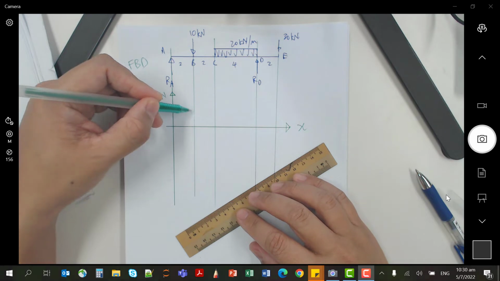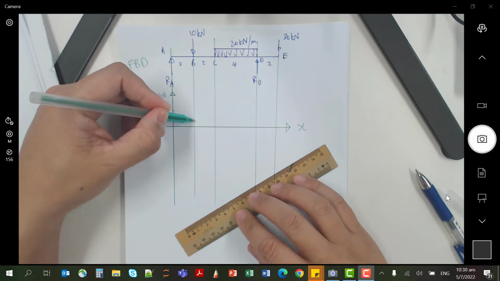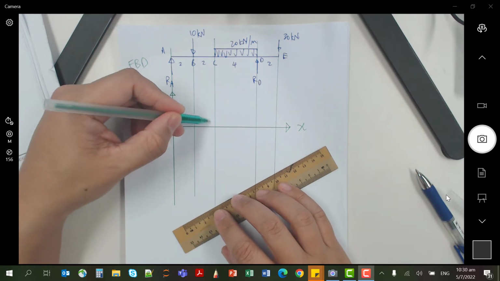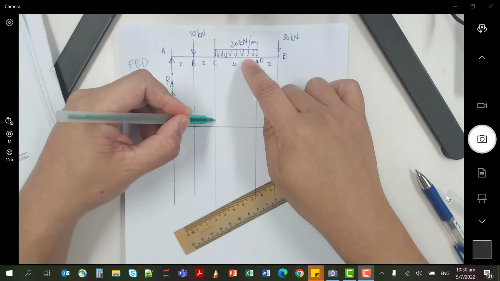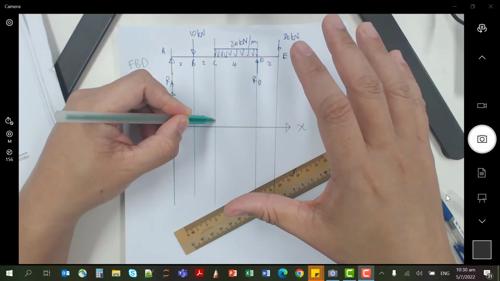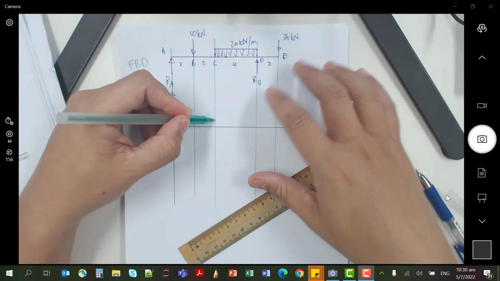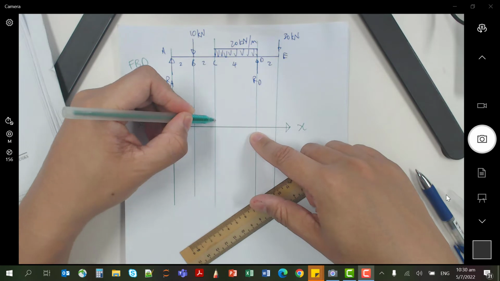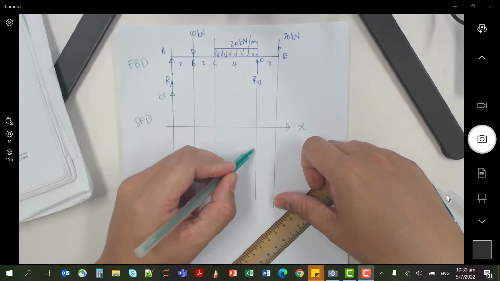It will end somewhere going down by 10 kilonewton, and it will continue to remain constant until you reach C, where it starts to encounter a constant but proportional loading across the 4 meters. So the shear force is going to have a sloping downwards line.